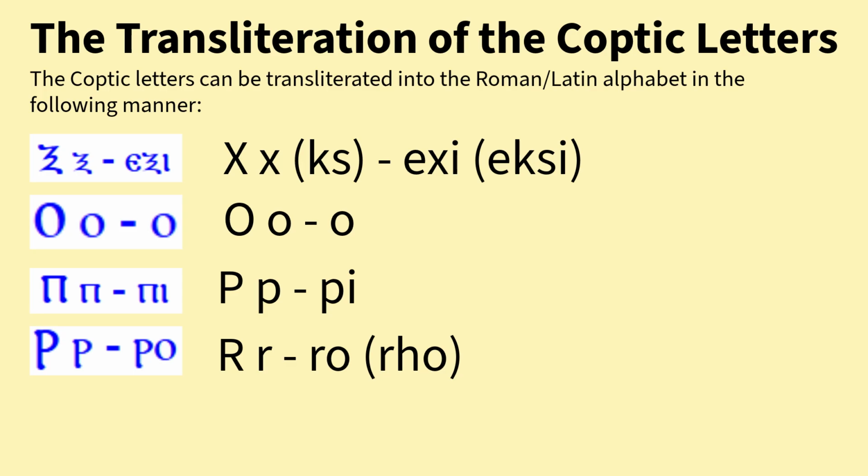Then we have the letter P, the letter B. I choose to pronounce this as B, and not P. However, you can choose to pronounce it as P if you prefer.